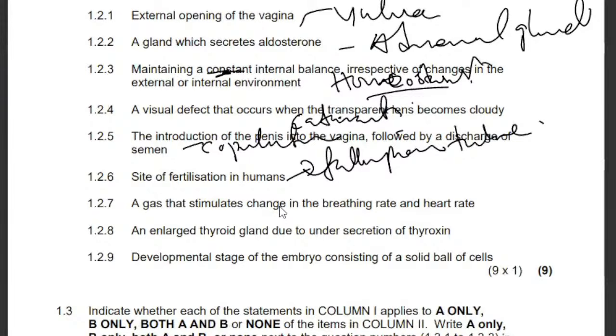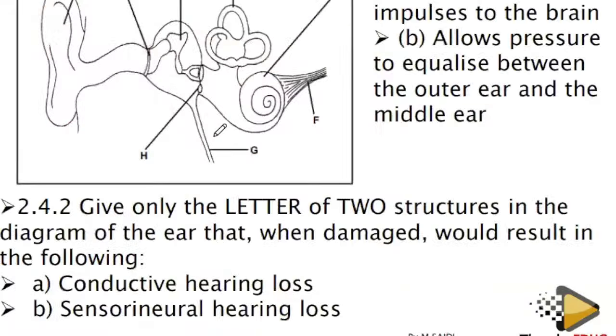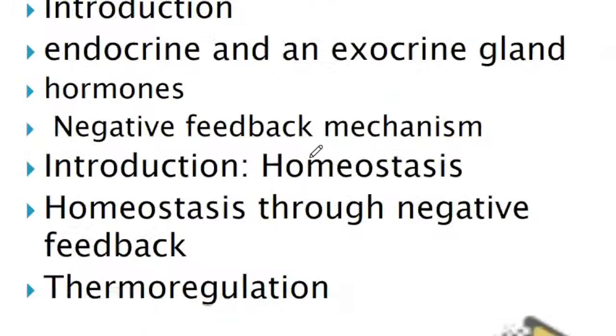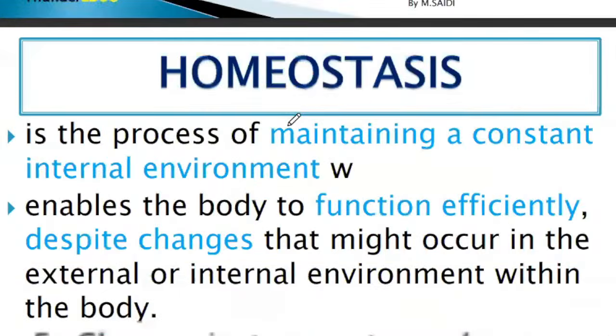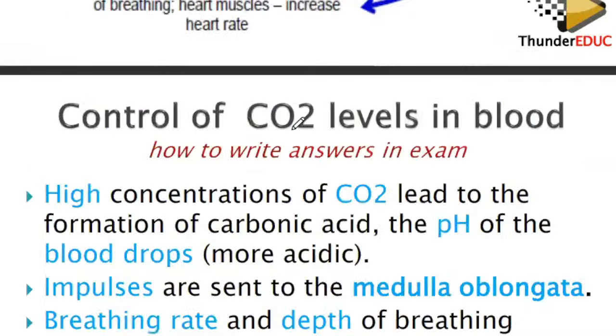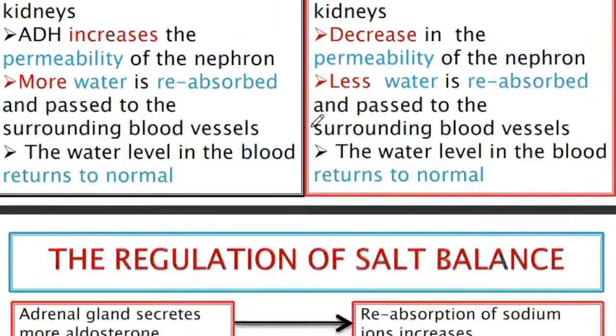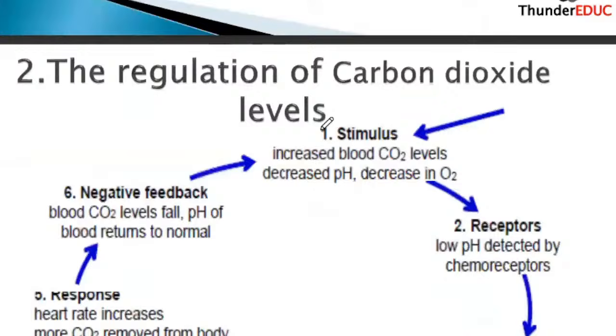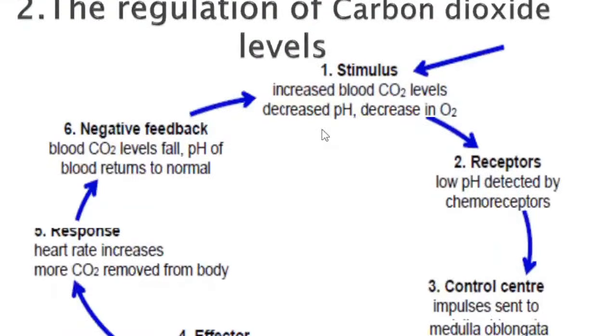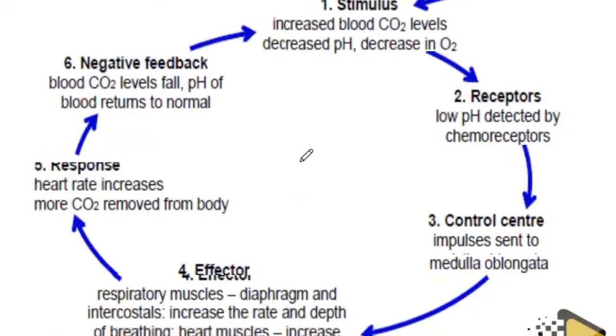The gas that stimulates the change in the breathing rate and the heart rate, how do you call this? We say that is carbon dioxide. We get this in the negative feedback mechanism. I told you that they like this carbon dioxide. I don't know why, but they like it too much, in such a way that they feel it's not good to explain the whole thing without talking about carbon dioxide. Check here.